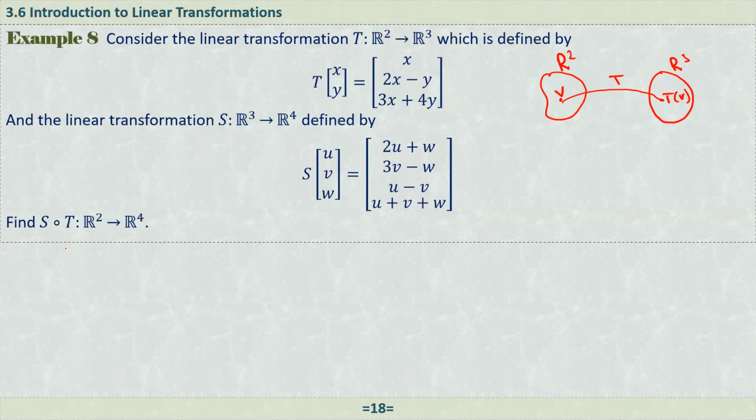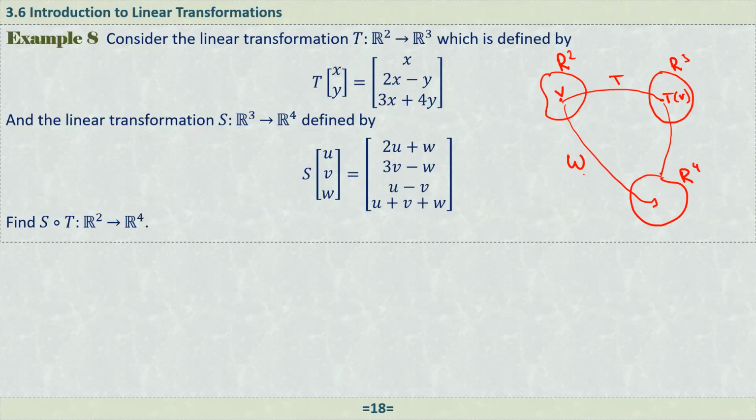The question is: find S composed with T. Can we find a matrix, let's call it W, so that if this vector is V, it takes it directly into the four-dimensional space? Can we find a way of jumping directly from here to here? Let's say that matrix is W.